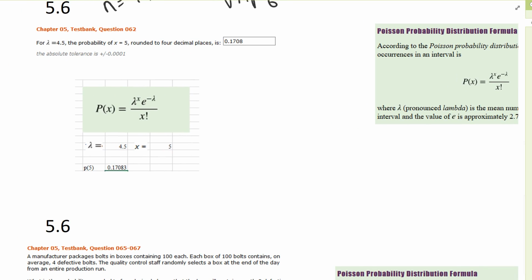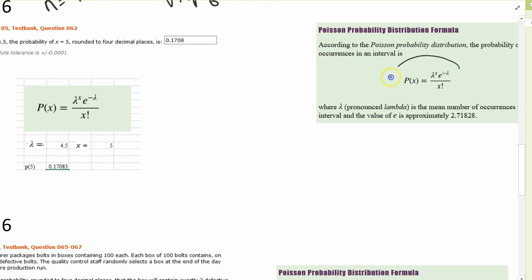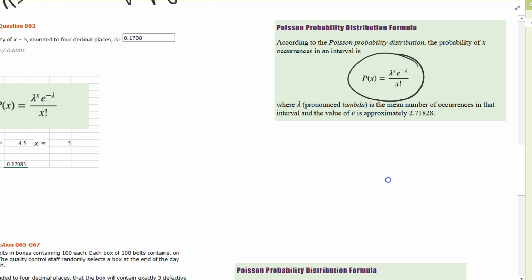Number 62 was pretty straightforward. You're using the Poisson probability distribution formula. So you're going to plug this into your calculator. Lambda is going to be the mean number of occurrences, and e is the constant 2.71825.